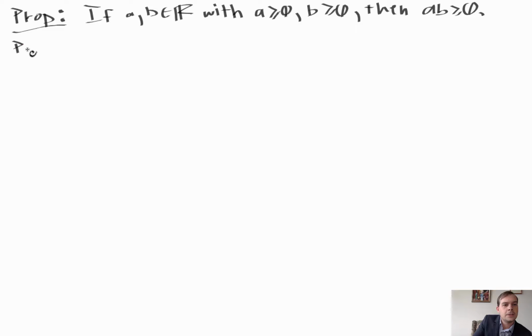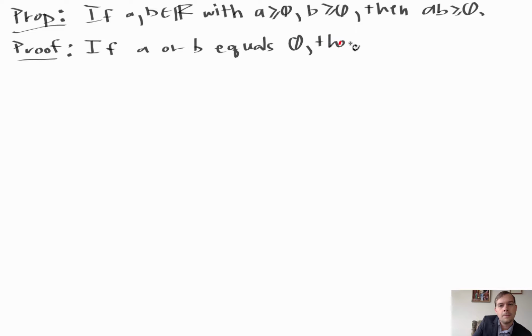The proof of this is relatively simple. We break it into cases. The first case is, if a or b equals 0, then of course the product ab equals 0, which is of course greater than or equal to 0.